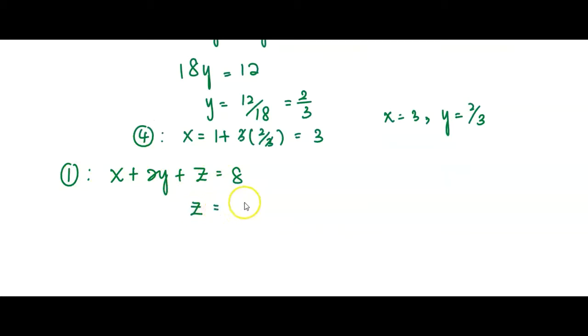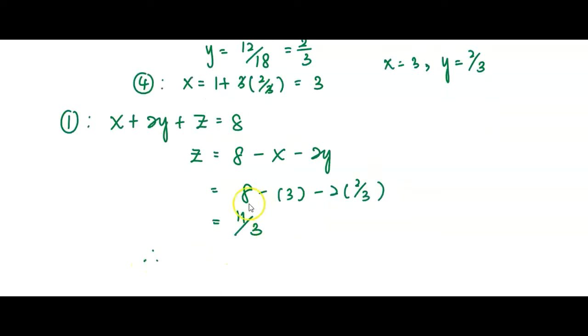So I will get my z. z will be equal to 8 minus x minus 2y. Okay, so put your x as 3 and your y as 2 over 3. Then calculate it. Here you get 11 over 3. That is the value of z. So in conclusion, the solution of this system of linear equations is x equals 3, y equals 2 over 3, and z equals 11 over 3.